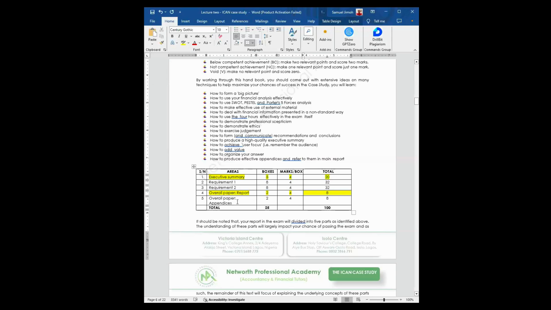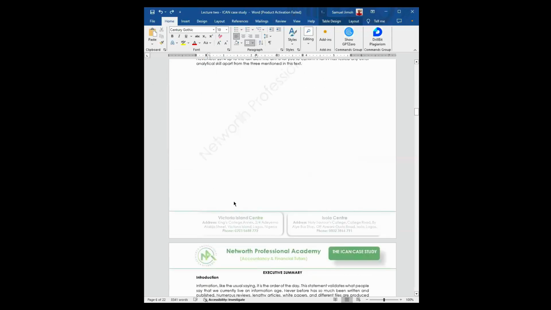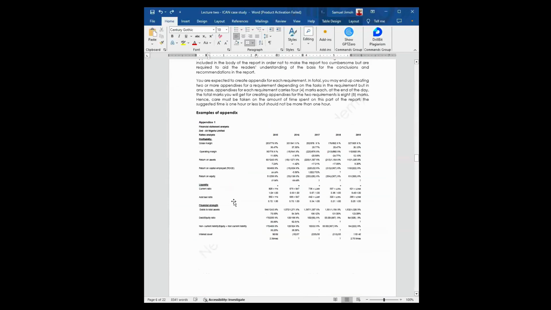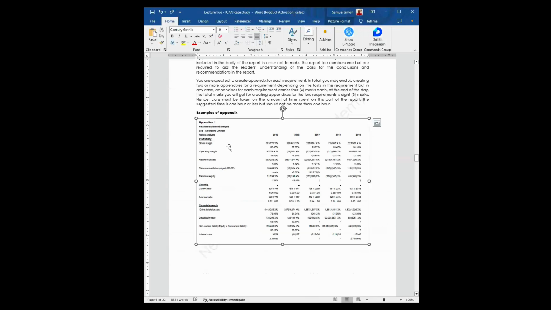So let's look at the other thing, which is the appendices. You have to create an appendix for your report, and the appendix is more like where you do your rough work, where you do your computations, right? You are not just expected to create computations anyhow, very roughly. No. If you are doing ratio analysis, look at the way this ratio has been presented.